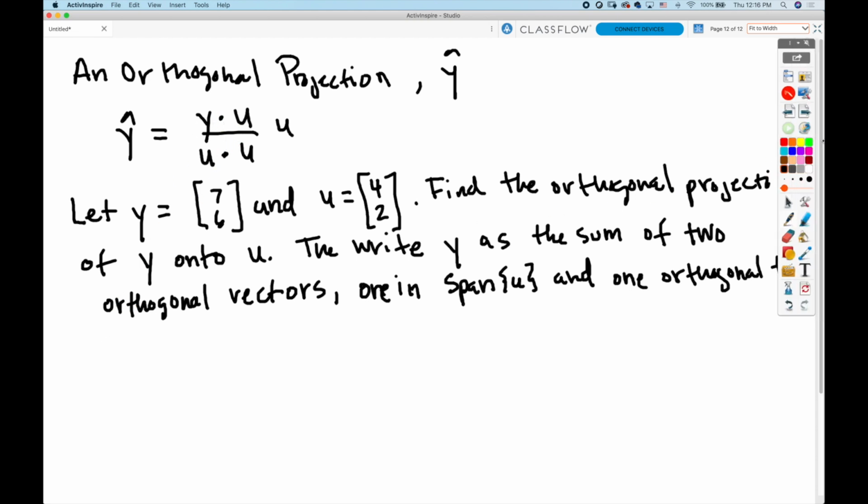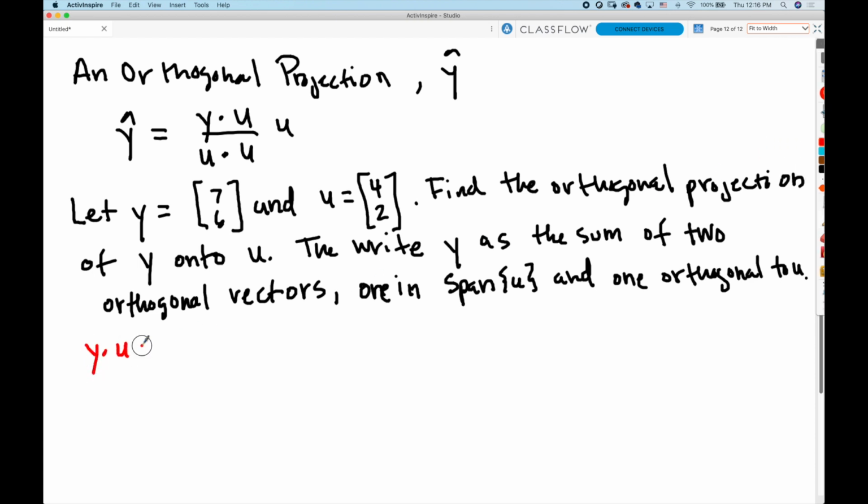So y dot u is going to be 7 times 4 is 28, 6 times 2 is 12. So 28 and 12 makes 40.